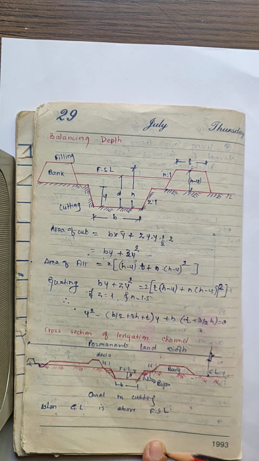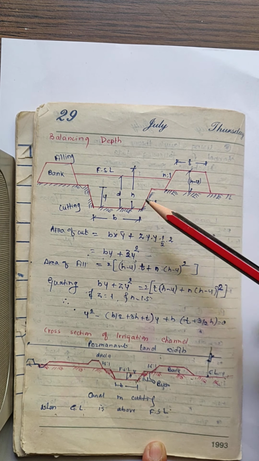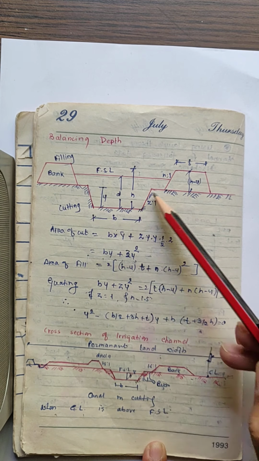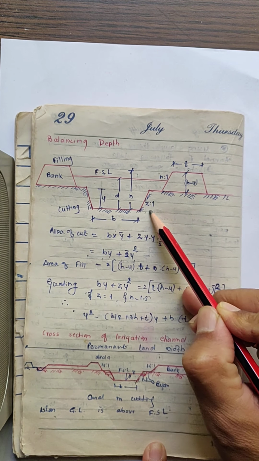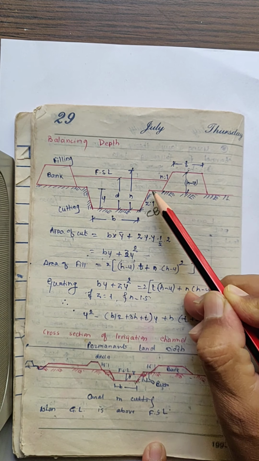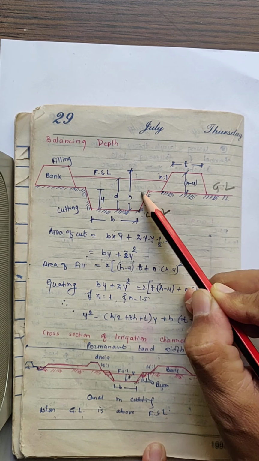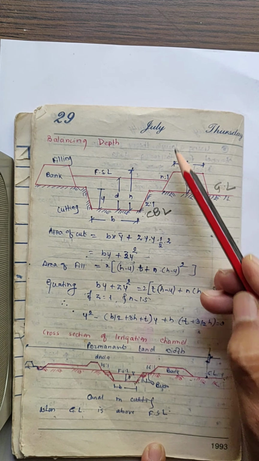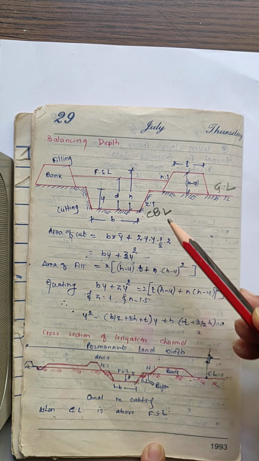Partial cutting and banking means that the CBL, the canal bed level, is below GL and FSL is above GL. Such a section is known as a canal in partial cutting and banking.